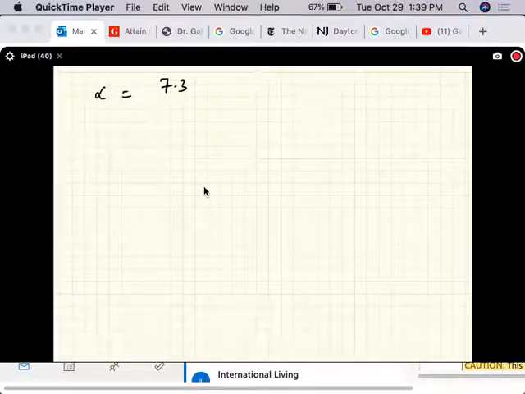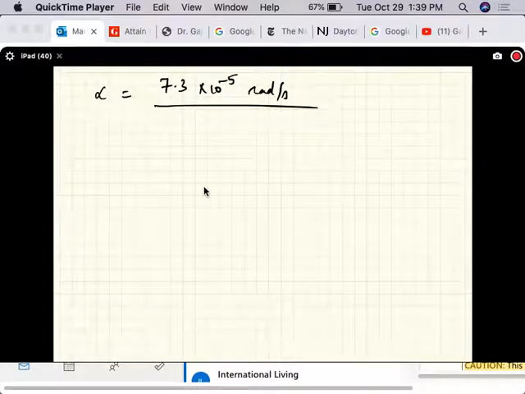Omega is 7.3 times 10 to the minus 5 radians per second, and t is 6 days, so 6 times 24 hours times 3,600 seconds.